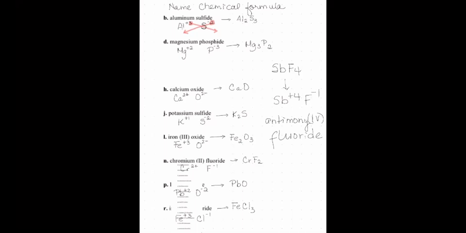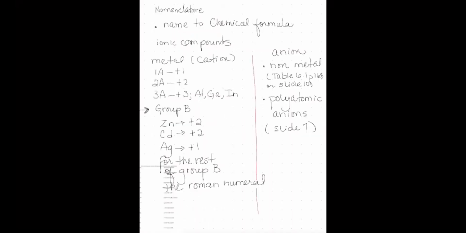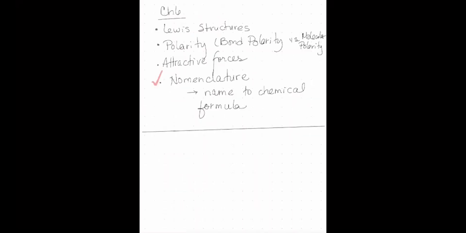So that's how you find SbF4. And remember that there's a space between antimony and the Roman numeral. Going back to our list, we are now going to move on to Lewis structures.